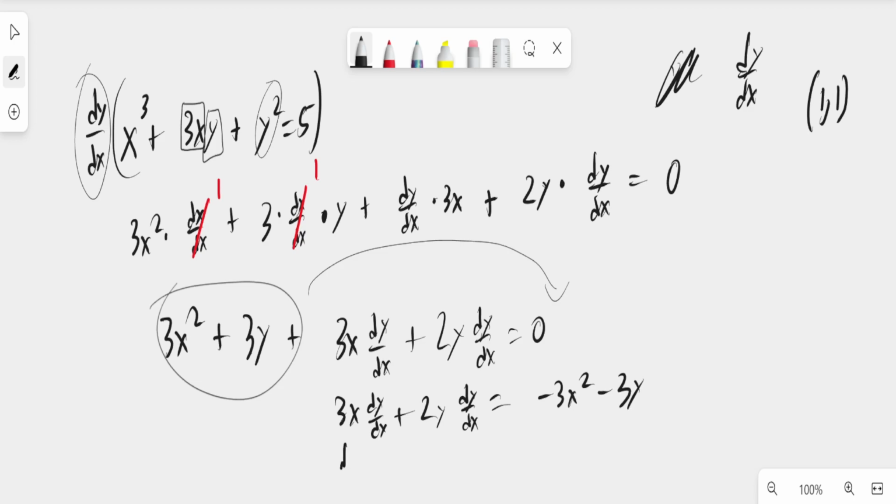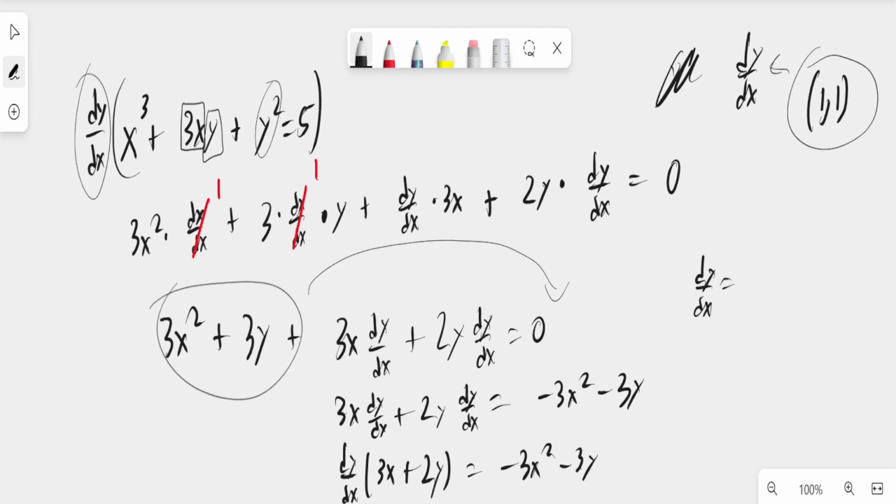And then we factor out dy/dx, and then we divide. Oh, you know what we're finding? We're finding the slope at (1, 1) of this expression, right? And since this slope is in the coordinates x, y, we have to find dy/dx in order to find the slope.